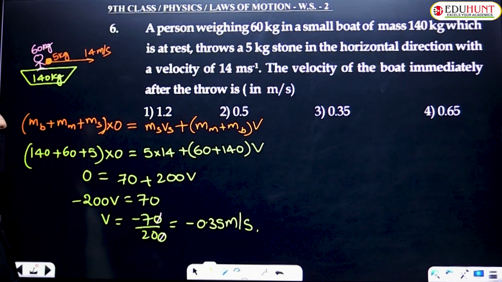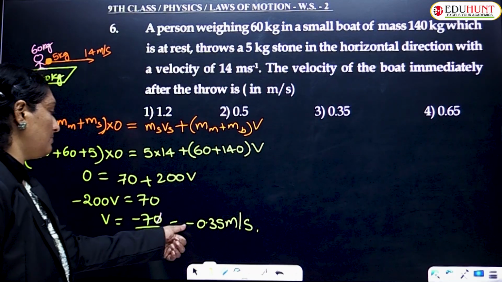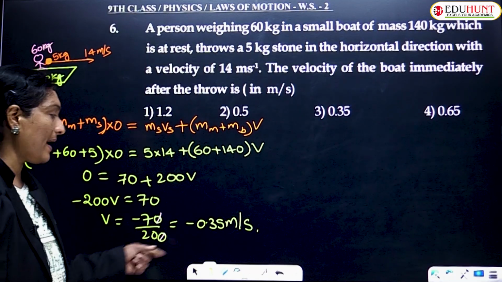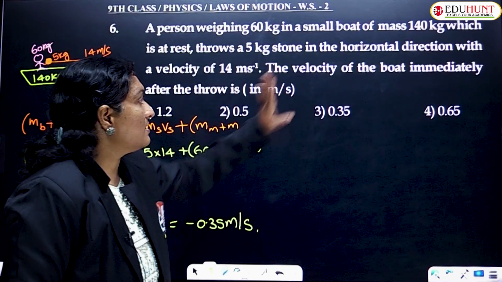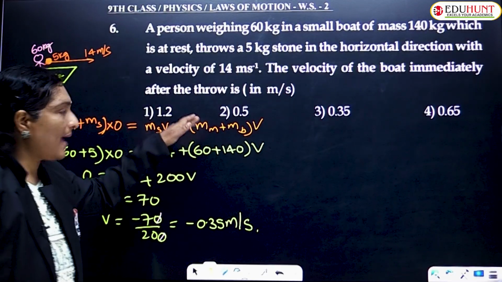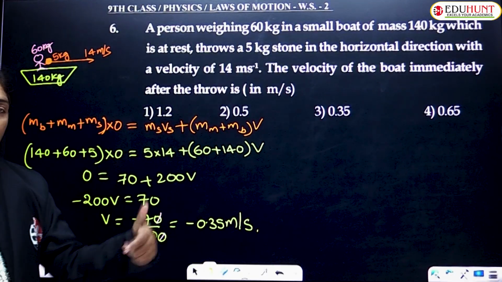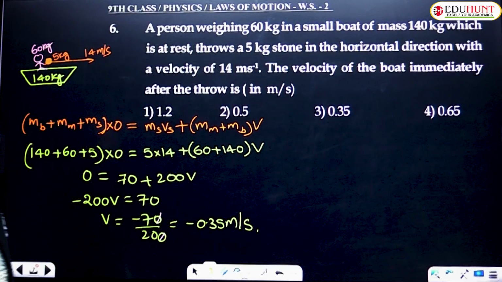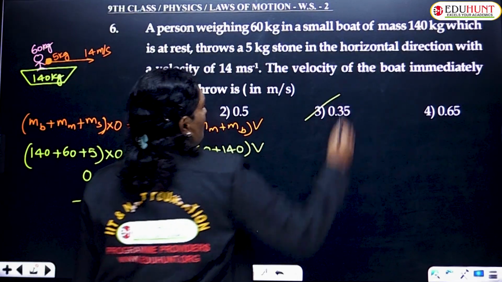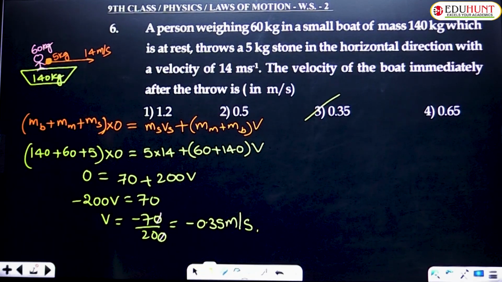So minus indicates that as the stone moves forward, the boat along with the man moves in the backward direction. Hence it is very clear that the velocity of the boat along with the man after the throw will be 0.35 meter per second in the backward direction. Hence option number 3 must be true.